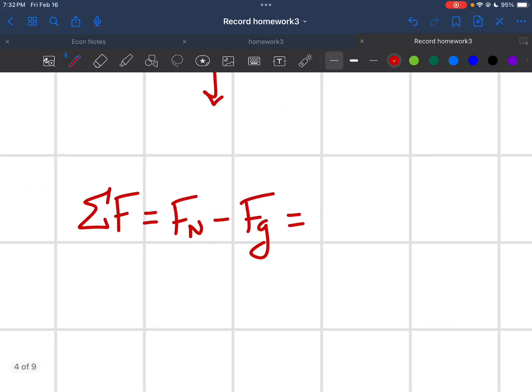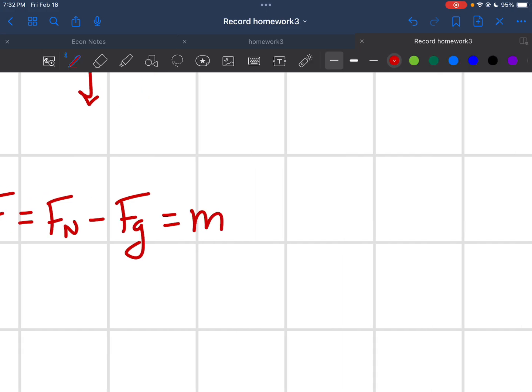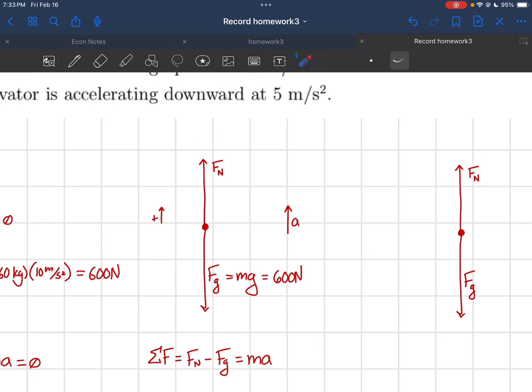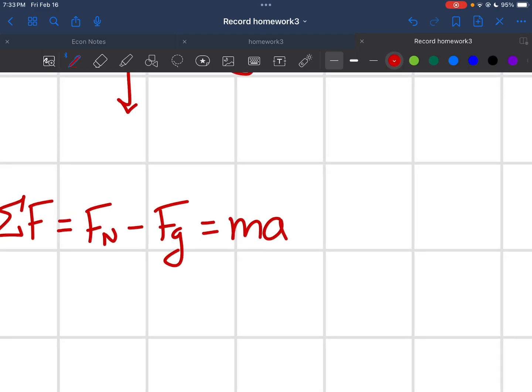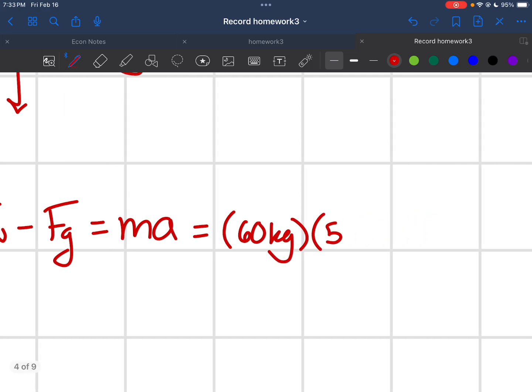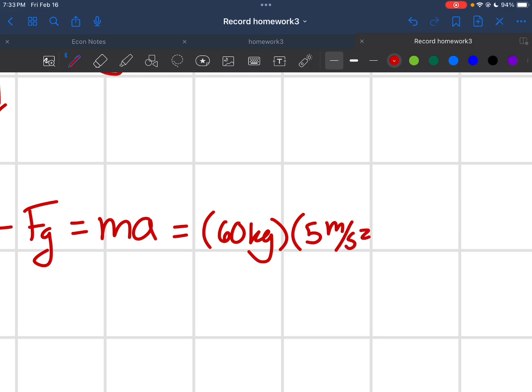But now when I set up my Newton's second law, I've added up all of my forces, and when I set it equal to my mass times my acceleration, now I have to think about having an acceleration term. My elevator's accelerating upwards at 5 meters per second squared. I said up is positive, so I can include my mass, my 60 kilograms, and my acceleration, 5 meters per second squared.